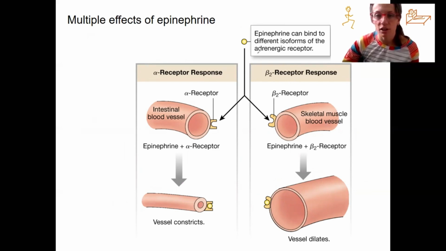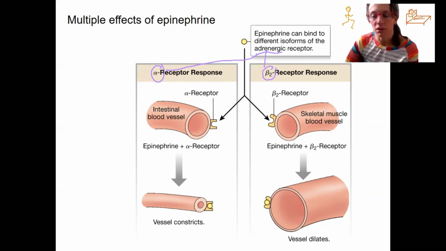Remember, adrenergic, that's any receptor that binds norepinephrine or epinephrine. So there's different types of adrenergic receptors. Alpha and beta are both types of adrenergic receptors. Epinephrine can bind to either one of them. Epinephrine is coming from where? The adrenal medulla, circulating throughout the bloodstream.